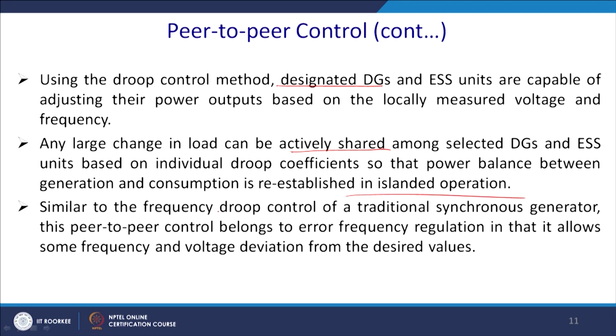Similar to the frequency loop control of a traditional synchronous generator, this peer-to-peer control belongs to the error frequency regulation. In case of the DC microgrid, it will be voltage. It allows some frequency and voltage deviations from the desired level, and this concept can also be applied to the DC microgrid.